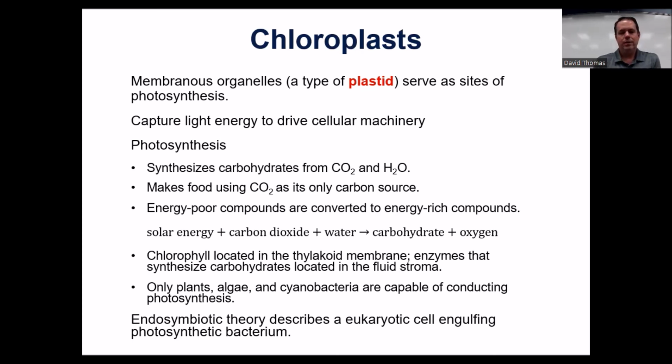There's algae, which is very plant-like in many instances, especially macroalgae, but these also go through photosynthesis. And then there are some single-celled organisms, cyanobacteria, that also have the chloroplast to help go through photosynthesis as well.